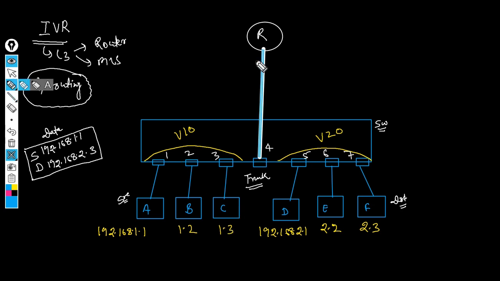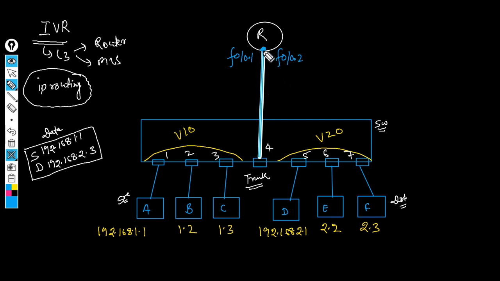Let's say this is physically FastEthernet 0/0. Now you create FastEthernet 0/0.1 and FastEthernet 0/0.2. The dot means it is a sub interface.